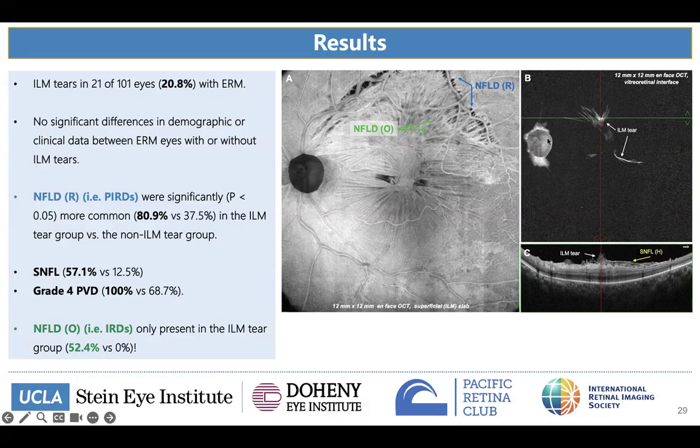You can visualize in this wide field 12 by 12 ANFAS OCT image segmented at the level of the superficial slab, so ILM, the presence of these ILM tears, which are represented by these curvilinear hyperreflective lesions that correspond to this scrolled ILM edge here, the presence of horizontal schisis of the nerve fiber layer, and the presence of this oval and round paravascular neuroretinal defects at the level of the superficial slab.